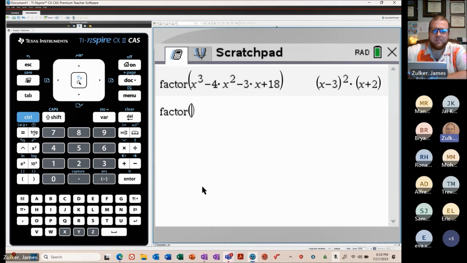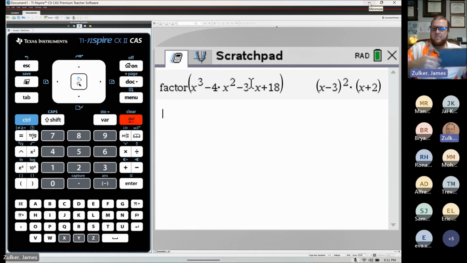It's the same thing. And if you're absolutely opposed to technology, you can factor it by hand. You might be able to factor this one by grouping. Maybe not. But you studied how to do that in pre-calculus.